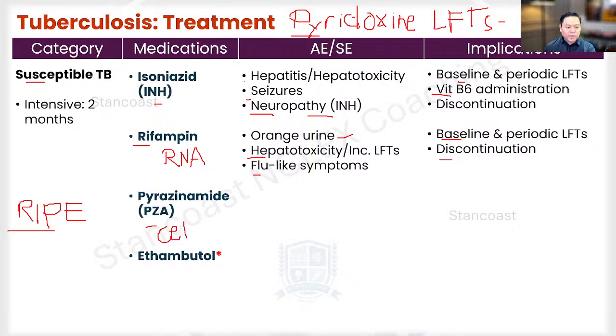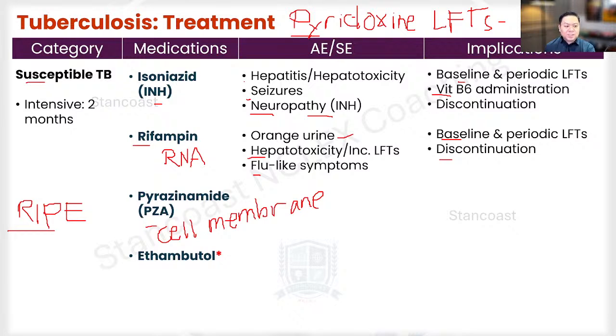It will target the bacterial cell membrane, and also it can impair the transport and the metabolism inside the cell of the bacteria. So again, it targets the cell membrane and also the transport of nutrients inside the cell and the metabolism. So it can halt the growth of the bacteria itself, and also it will lead to cell death.